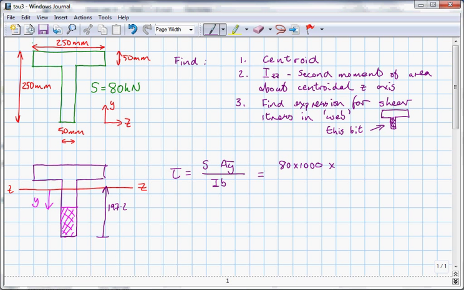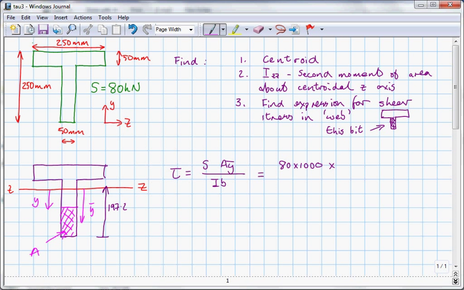It's the first moment of area of the pink shaded bit about the red line. So in this case Y bar is the distance down to here, and the area is the area of the shaded bit.